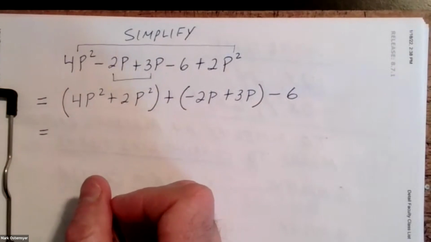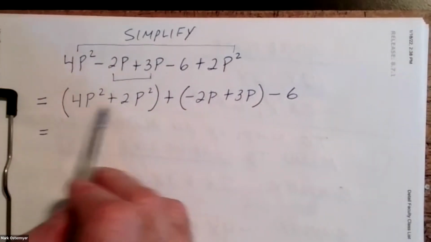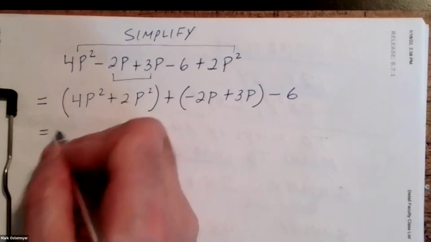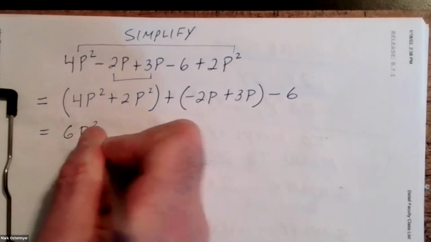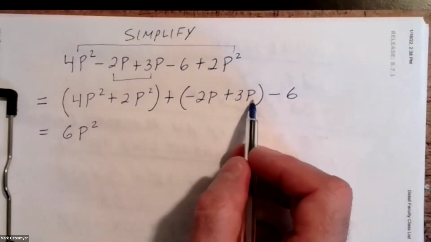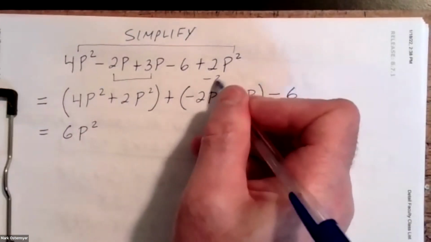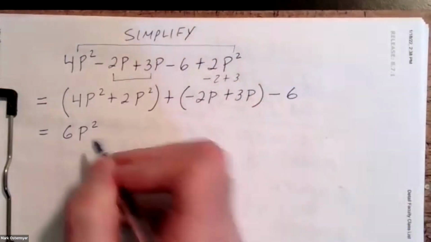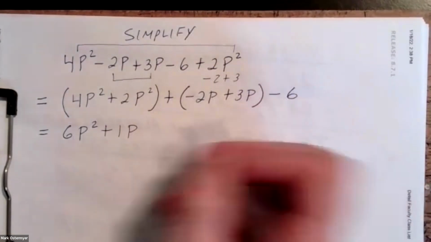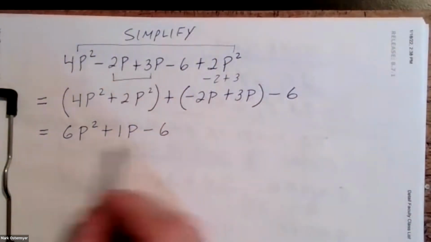Okay, let's combine our like terms. 4p squared plus 2p squared combine to give us, what's 4 plus 2? 6p squared. A -2 plus a +3p, and again, you could do the -2 plus 3 on your calculator, would give you a +1p. And we got the -6. And we're done.